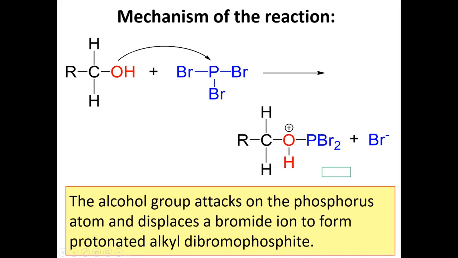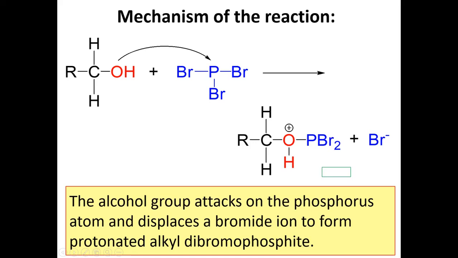And we assume that this 2 electron is given to the P. So that's why here you put positive, because O lost its electron, so it becomes positive here. So it will be PBr2, and the bond here breaks, so it will form Br minus.